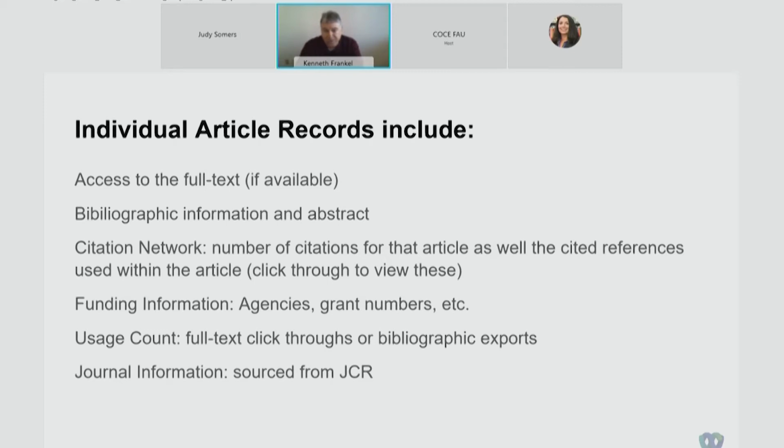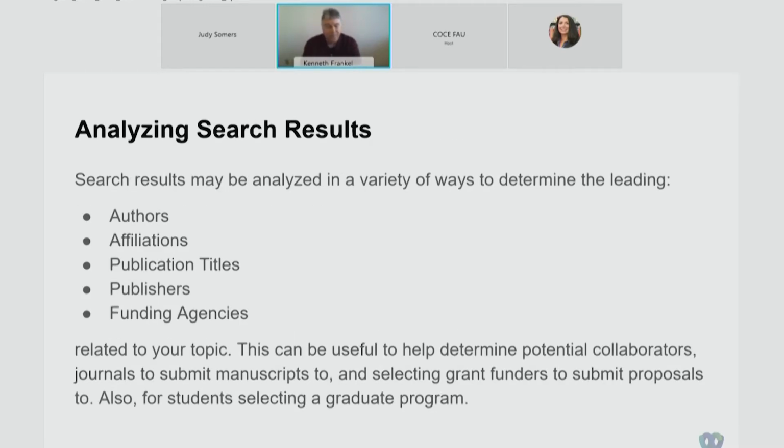There is now also a usage count, which includes click-throughs to the full text or exports of that article to bibliographic citation. And also now that we have access to the JCR, there is sometimes information about the journal which is sourced from the JCR. So that's a little bit about the individual article records.